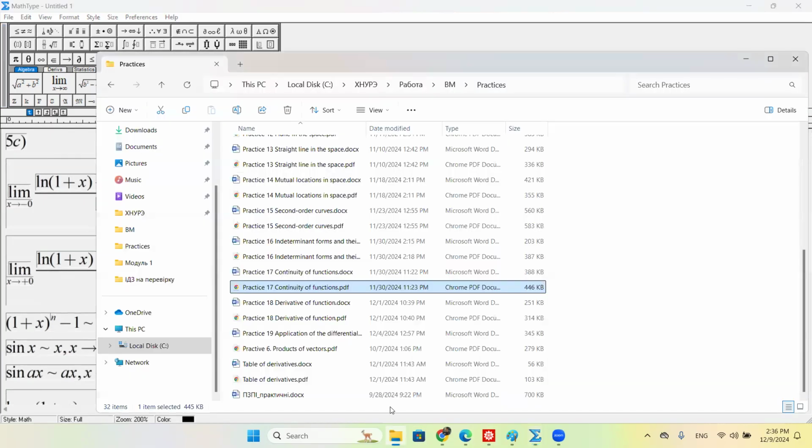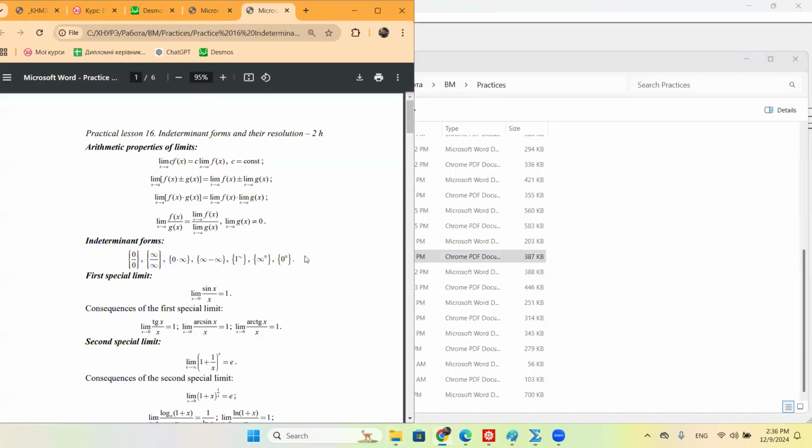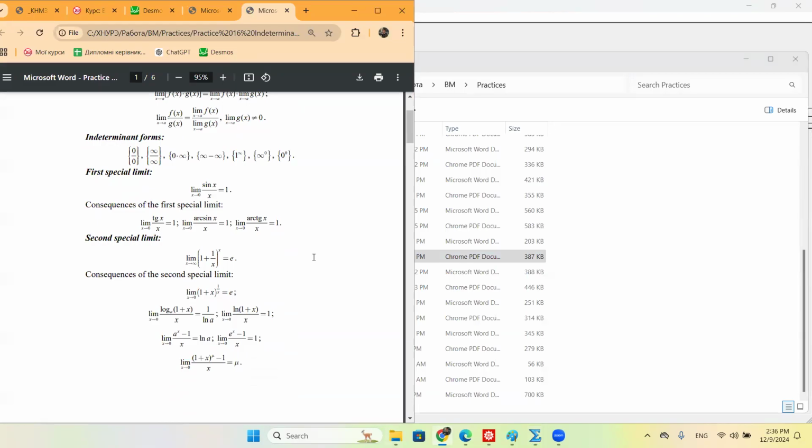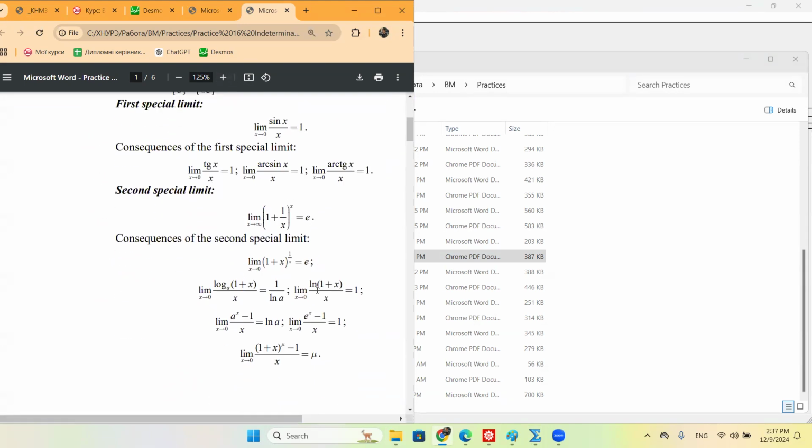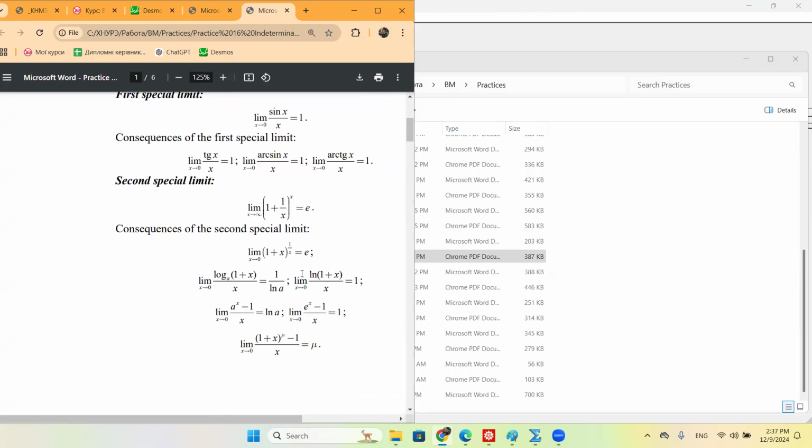By the way, using just these equivalences, the limit of this fraction equals 1, and it means that the function in the numerator is equivalent to the function in the denominator.